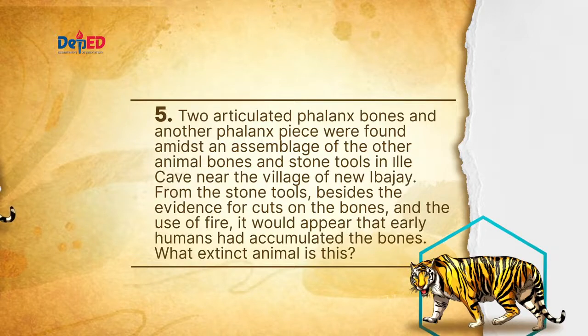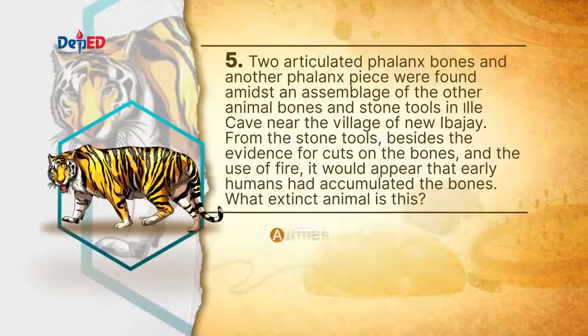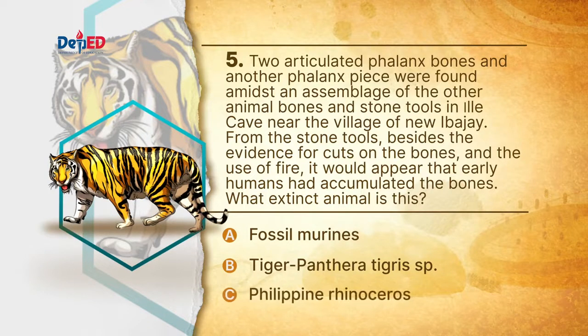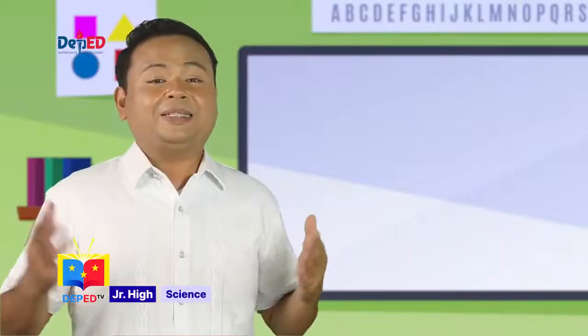From the stone tools, besides the evidence for cuts on the bones and the use of fire, it would appear that early humans had accumulated the bones. What extinct animal is this? A. Fossil murines. B. Tiger Panthera tigris species. Or C. Philippine rhinoceros. Pens up!